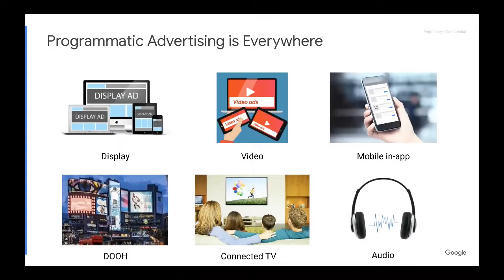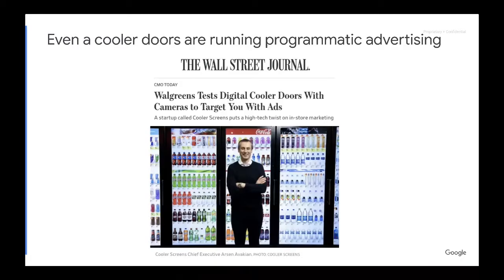Nowadays, programmatic advertising is everywhere. We can see it on display ads, video ads, mobile in-app ads, digital OOH, connected TV, and audio. Even right now, there are cooler doors running programmatic advertising, using facial detection technology to target by age, gender, and weather.